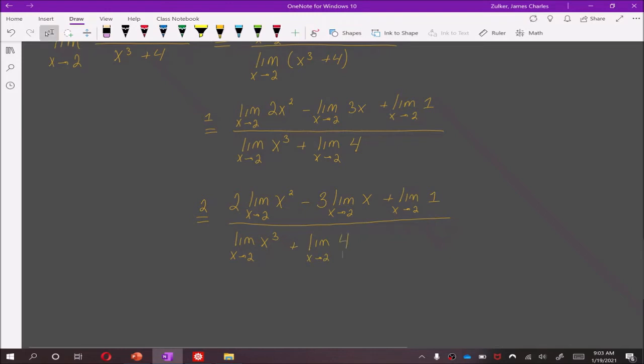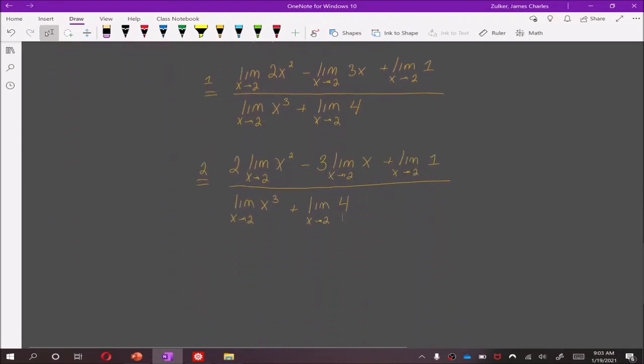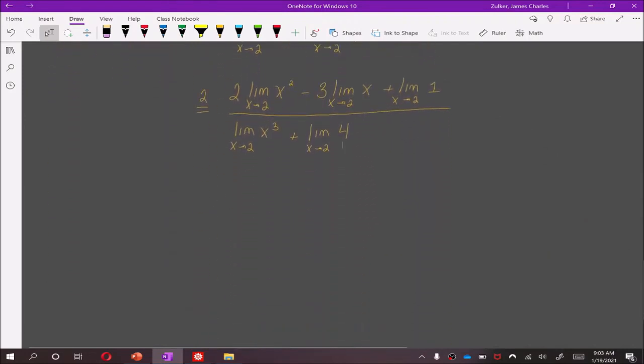Now if we look, this limit here is a power. This limit here is also a power. So we can use the power rule, which is law number 5. This will allow us to rewrite it this way.